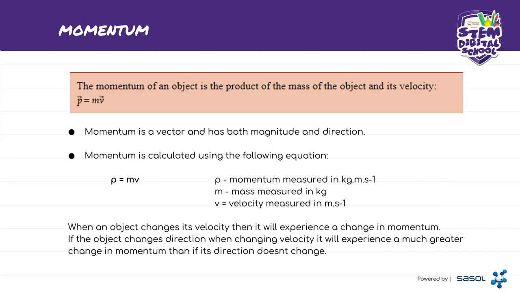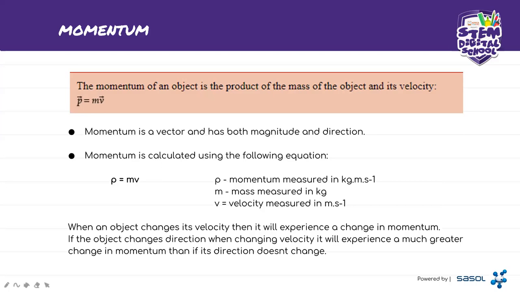So the small p is for momentum, and that's going to be in kilogram meters per second, because this is a product. As you can see, this SI unit already tells you that it's a product of mass, which is in kilograms, and velocity, which is in meters per second. So p is equal to the mass, measured in kilograms, times the velocity, which is in meters per second.